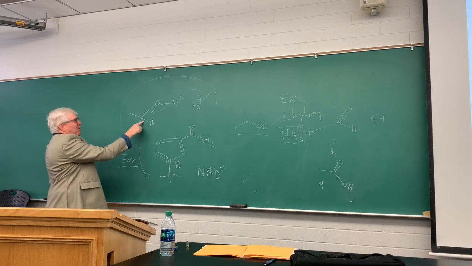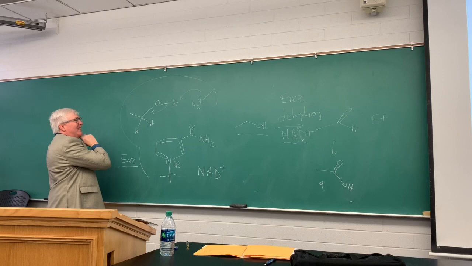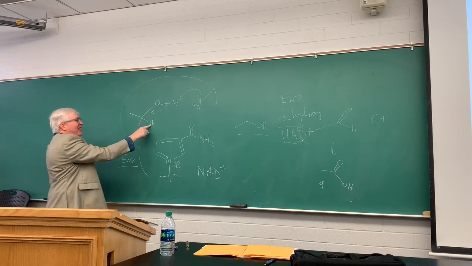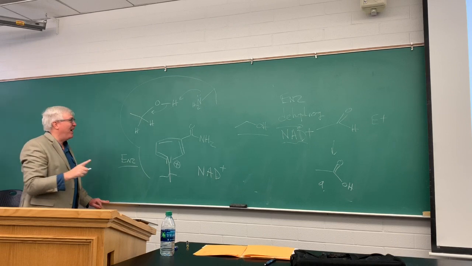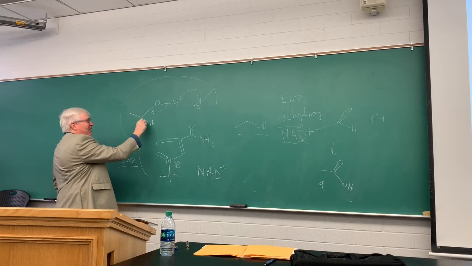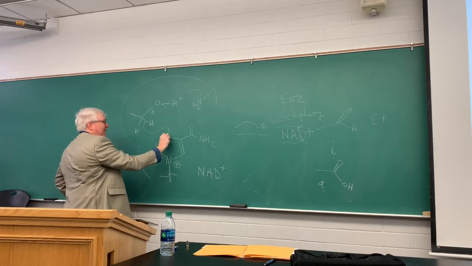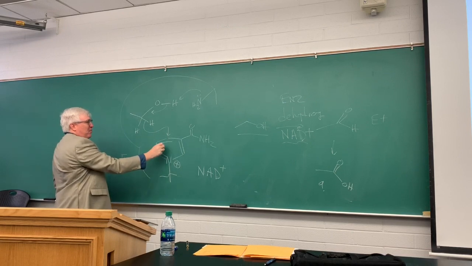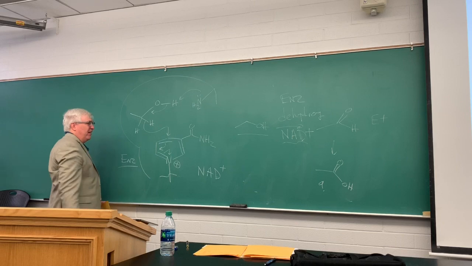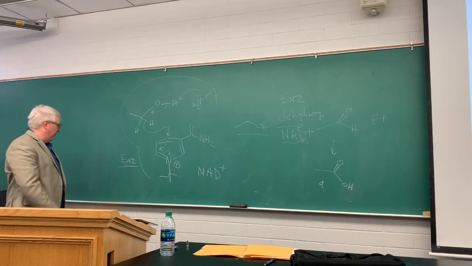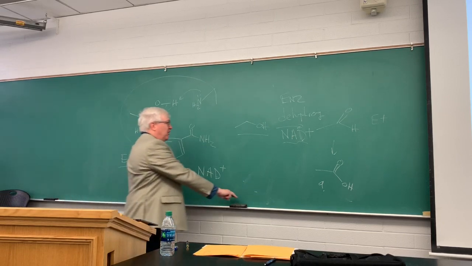But notice we've got to pull out this hydrogen with a pair of electrons. Where's that going to go? We're losing hydrogen and this pair of electrons. That is an oxidation, right? So we're taking away hydrogens and electrons here. Where are those electrons going to go? Oh, right in here at that position on the pyridine. Push the electrons over here and push those electrons down here. Okay? Let's see the result of that movement of electrons.